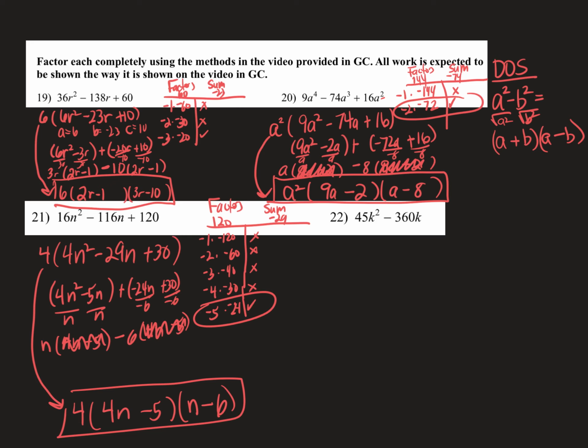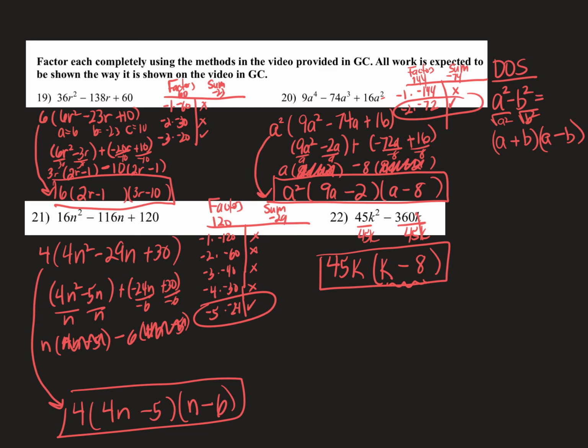Okay, so 45K is the greatest common factor. And 45K squared divided by 45K is just K. Minus 360 divided by 45 is 8, and K divided by K goes away. And this will not factor anymore because it's a binomial and it's not a difference of squares. So this is the answer to number 22.